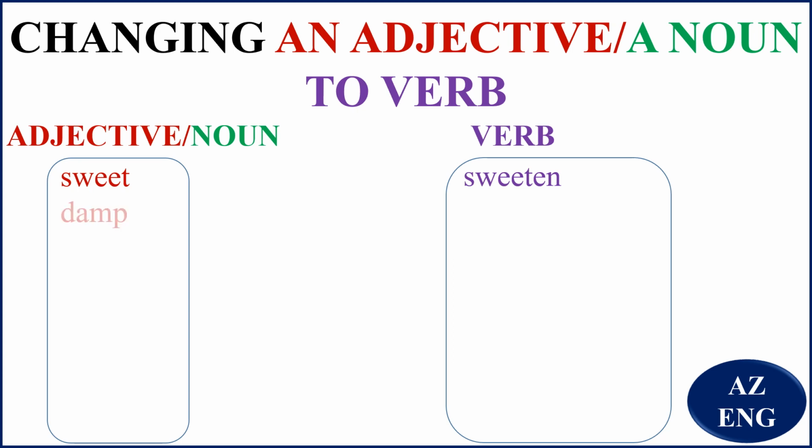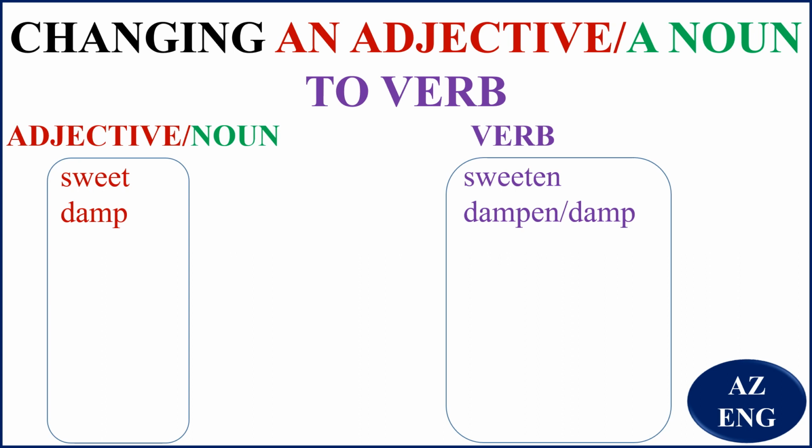Damp. So damp here, it is wet. But normally damp, the wetness is something that you don't like. It's unpleasant. So to make something damp, we say dampen, and you can use damp. I want you to damp the handkerchief for me. That is, I want you to make it wet, but not very wet.